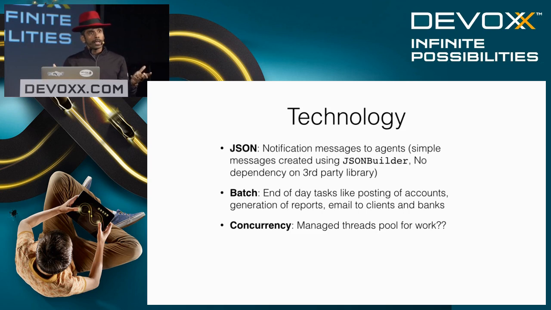Concurrency is another brand new addition over here. Now, certain tasks in this particular deployment, they knew were going to take a longer time to process in the background. So they were actually using managed thread pools, and they were using an implementation-specific way to configure those managed thread pools, because there is no standard way right now.